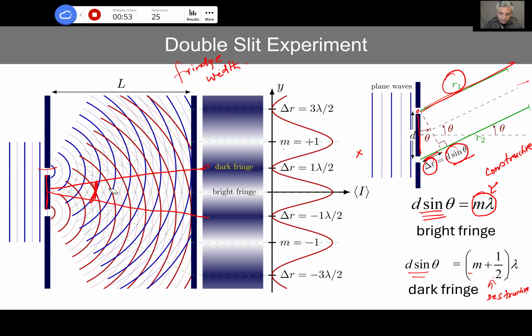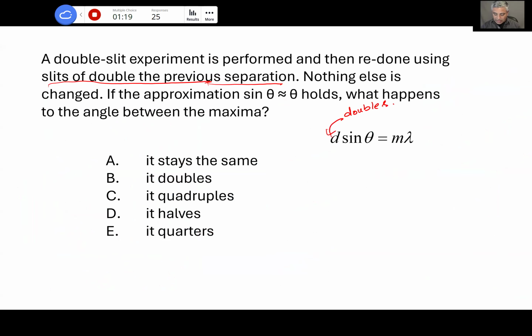Or in terms of just theta, it was this. Now the question says it made this D double. So now the opening is here, here. Here this was D, now it became 2 times D. How is this width going to change, or this angle going to change? That's what this question is asking. We'll do 30 more seconds.